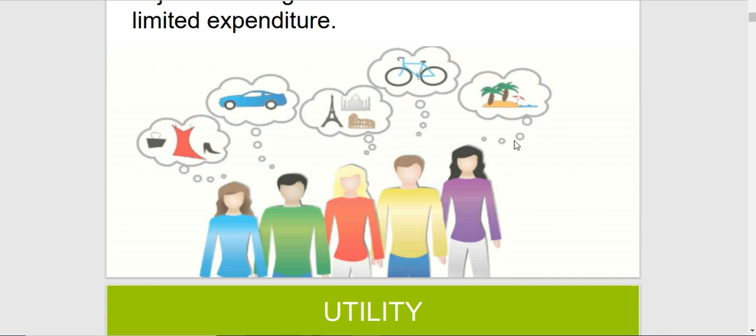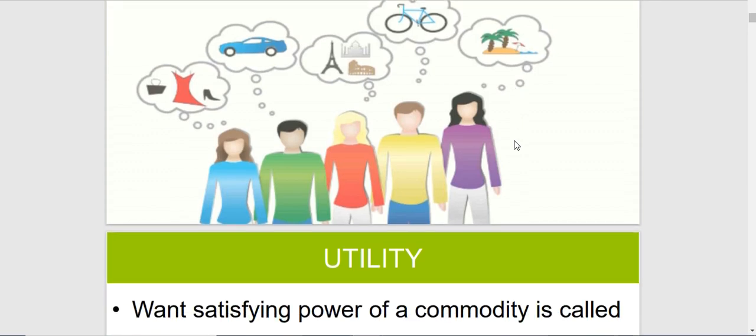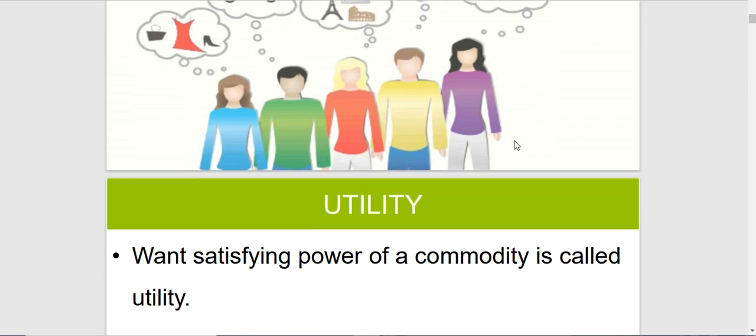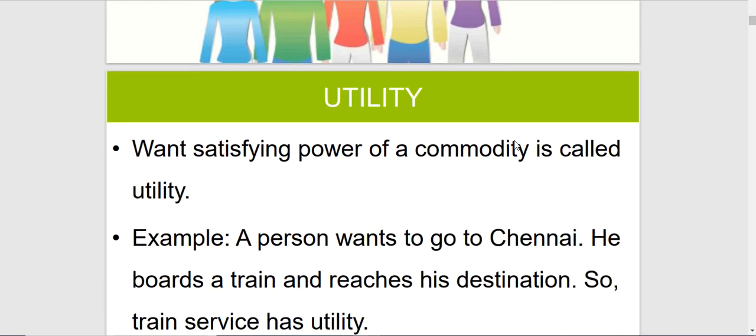So depending upon the resources available with him, he has to make a choice between the different demands that he has in his mind. And to explain it further, we have the concept of utility.